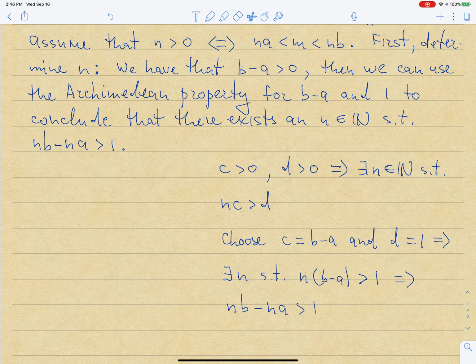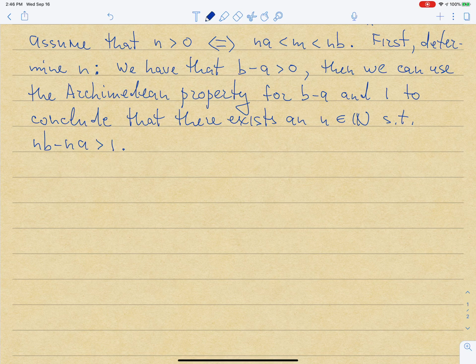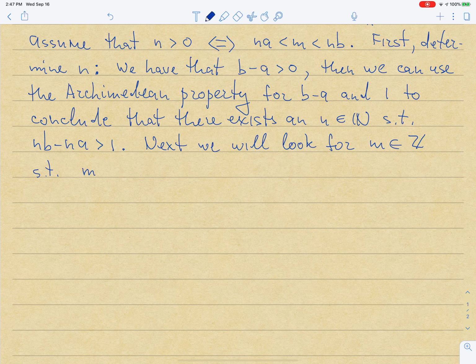So I'm going to remove this crunch work. We now are going to look for m, an integer, such that m belongs to the interval from na to nb.